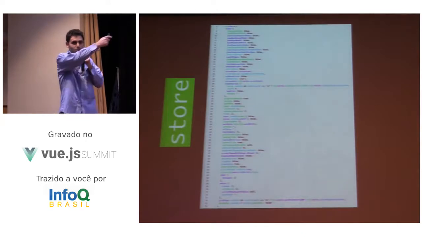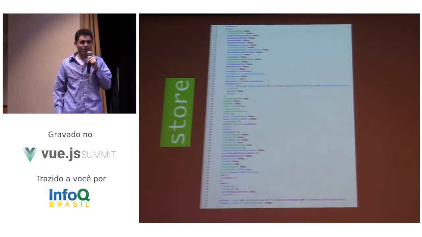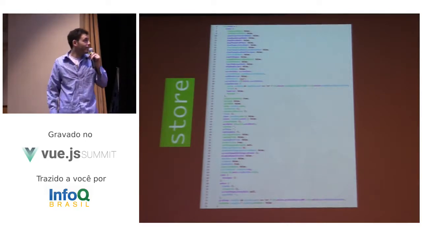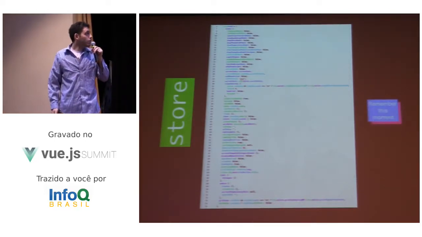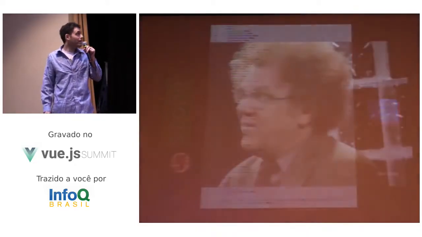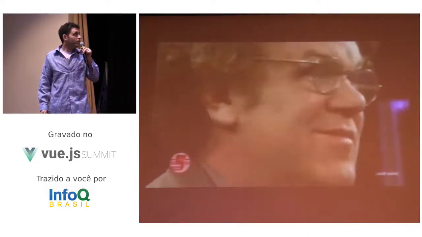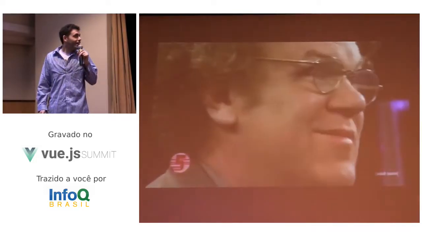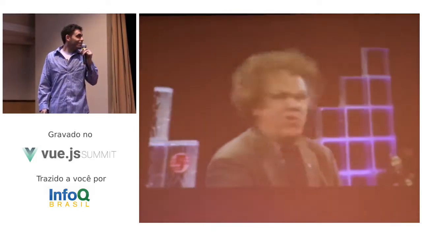So you'll have your store, and it's like 6,000 lines long, and it's really hard to read, and it's hard to navigate and everything. And so just remember this moment for a second here, because we'll come back to it. It's really, really confusing. It's very hard to navigate your store at this point because you can't tell what's what, what's where.